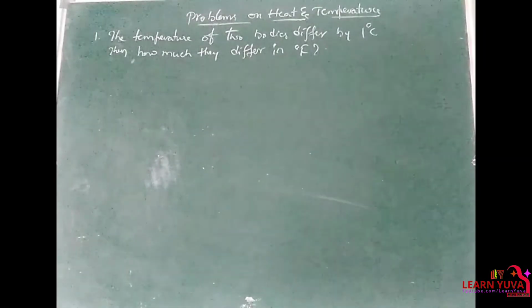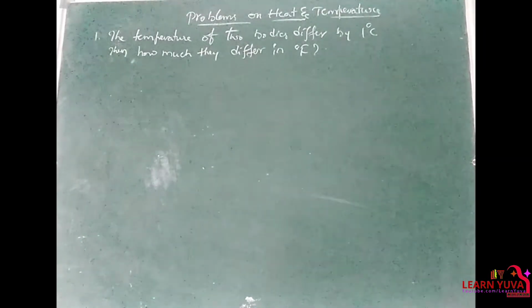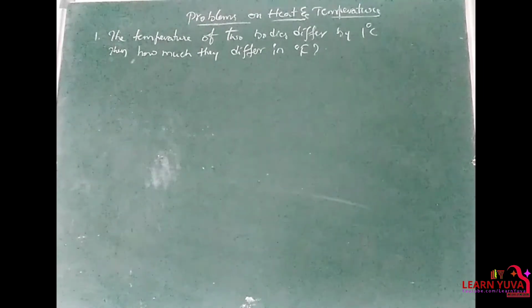If two bodies differ by 1 degree Celsius, then how much do they differ in degrees Fahrenheit? That is the question. Solution.